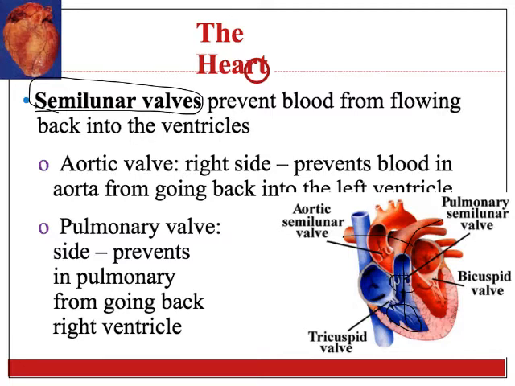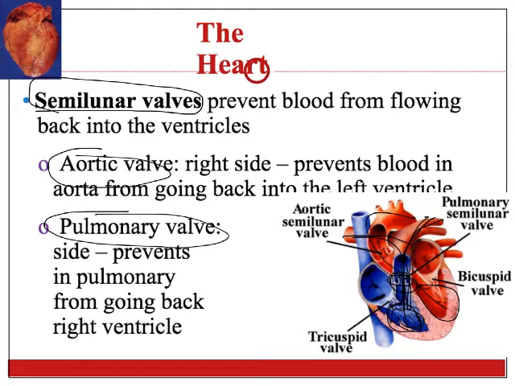The valve found right there is called the pulmonary valve because it's the valve between this ventricle and the pulmonary artery. And then finally, the other semilunar valve is the one between this ventricle and this vessel, called the aorta. So this valve right here is called the aortic valve. It prevents blood from going backwards into the left ventricle.